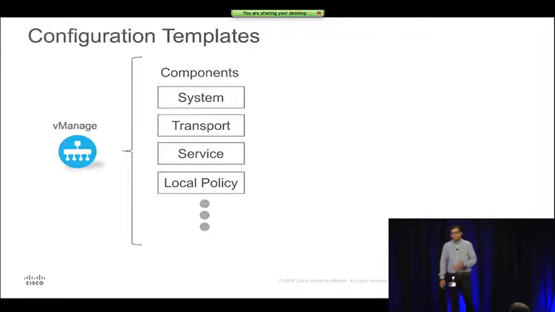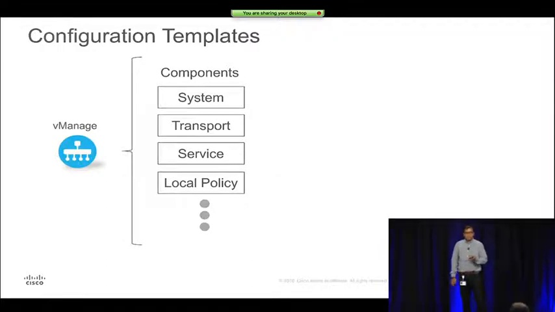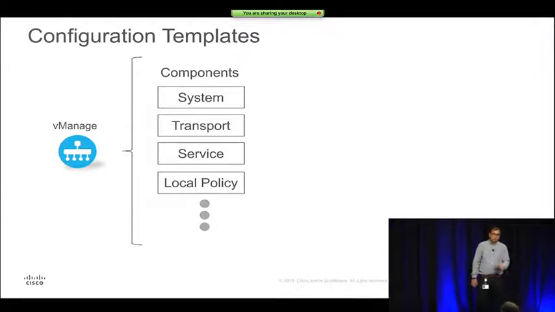Moving forward, we have the service side. The service side is all your LAN side information. So let's suppose in the LAN, you want to have multiple segments, multiple VPNs or VRFs. All of those need to be defined in the service section. You can pick any VPN other than VPN 0 or VPN 512. I already covered VPN 0.